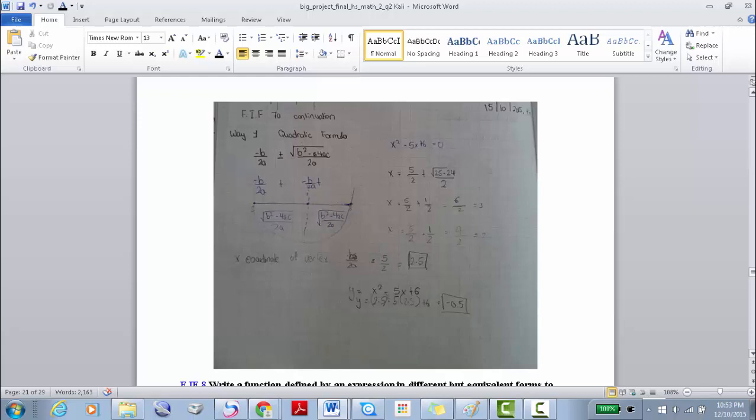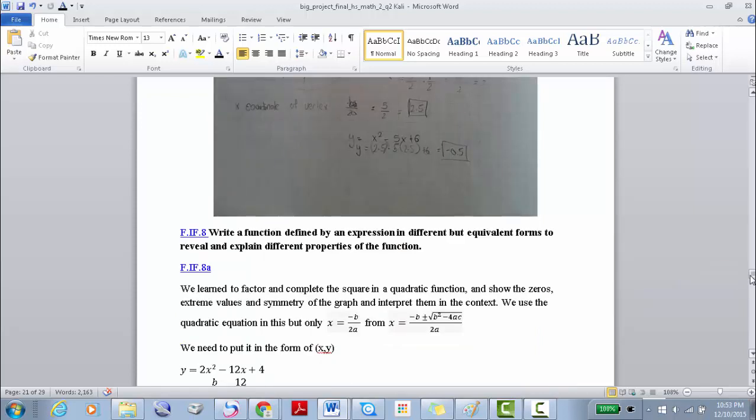We use the beginning of that formula to find the vertex, and then to find one half of the parabola, we use the second part of the quadratic formula.